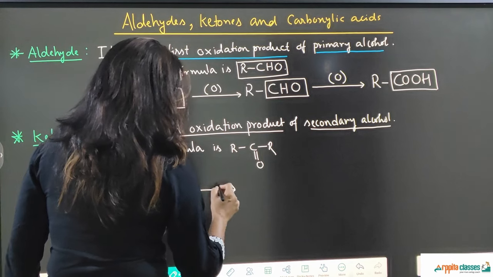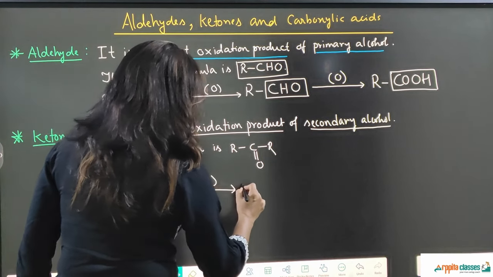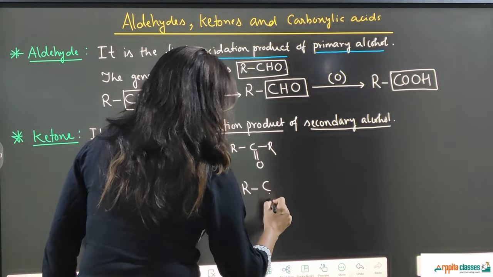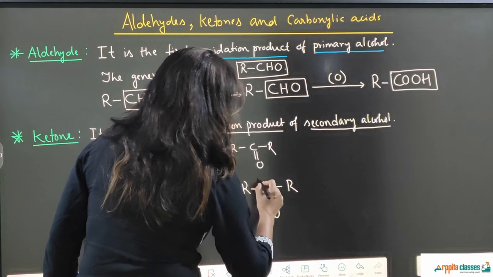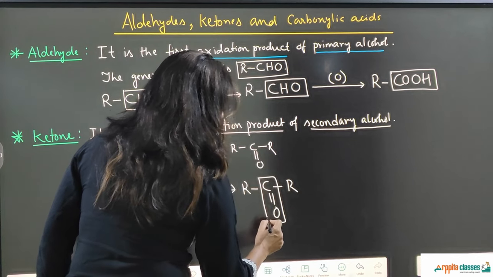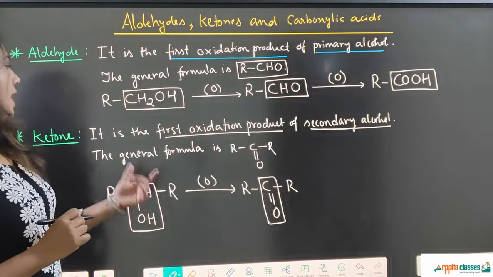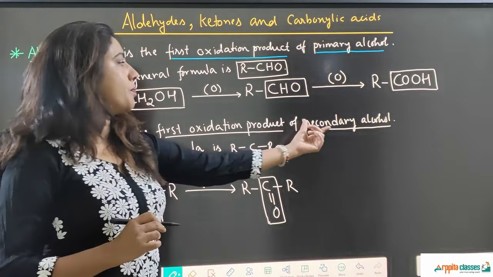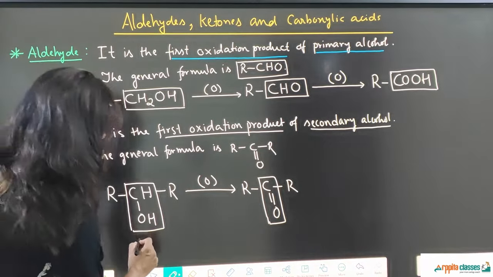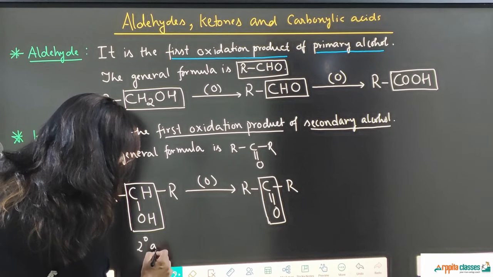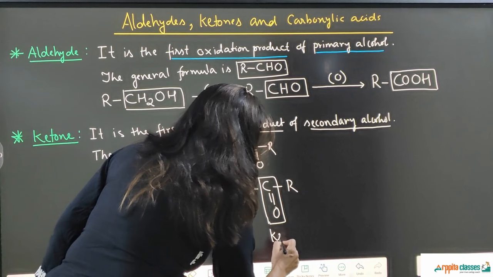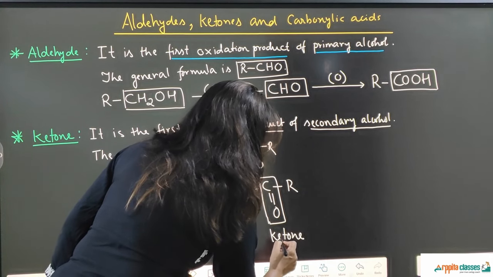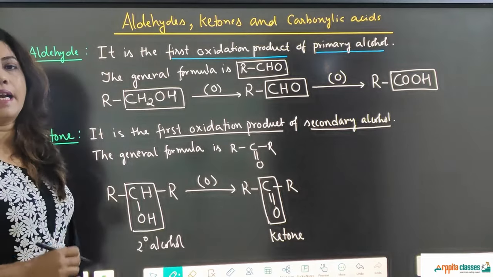When you oxidize it, you get R, C double bond O, R. That is, it is oxidized to ketone. The CHOH group is oxidized to ketone. So we have written that it is the first oxidation product of secondary alcohol. So this is your 2-degree alcohol. When it is oxidized, we get ketone. So this is the basic thing which we need to know about aldehyde and ketone.